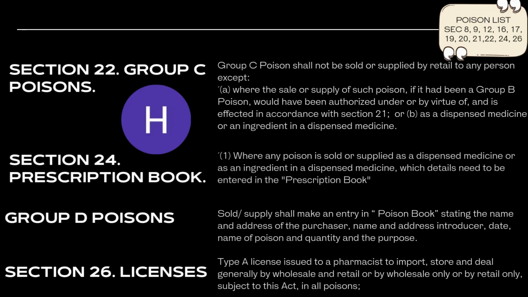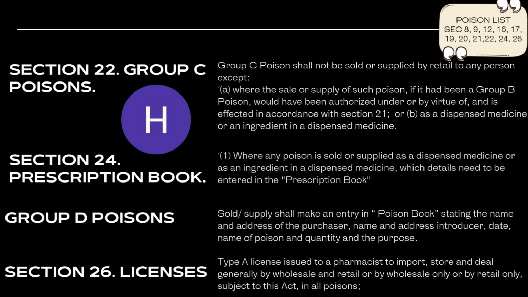In the previous slide, we mentioned group A and group B poison. Under section 22, the group C poison, it states that it shall not be sold or supplied by retail to any person except the sale or supply of such poison that, had it been a group B poison, would have been authorized under or by virtue of or in accordance with section 21, which is our previous section.